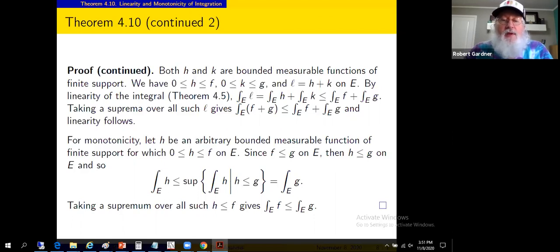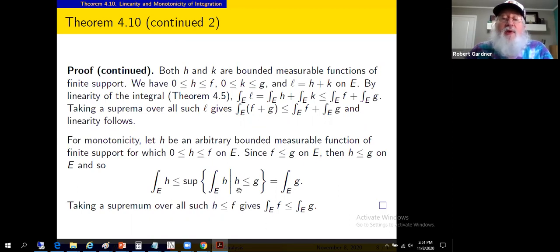So if we take the integral over E of g, that's a supremum of all h, the context is not explicitly stated here, all h which are bounded, measurable, and of finite support, and less than or equal to g. So there's a little more to it than what's stated here.